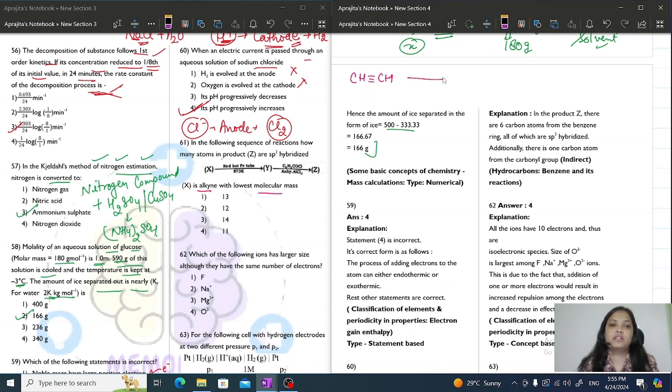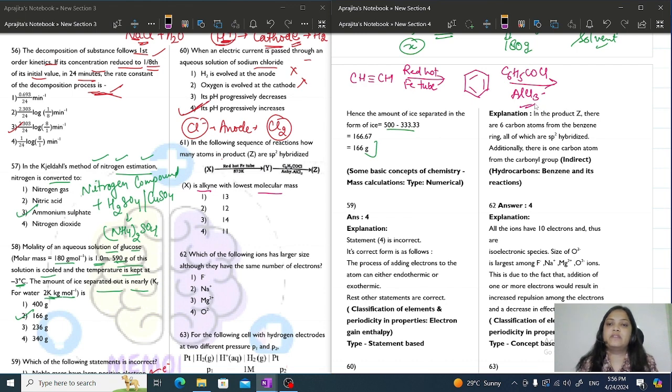CH triple bond CH. When it is passed through a red hot iron tube, cyclic polymerization takes place and it gets converted to benzene. Now benzene undergoes Friedel-Crafts acylation reaction in the presence of C6H5COCl and AlCl3.